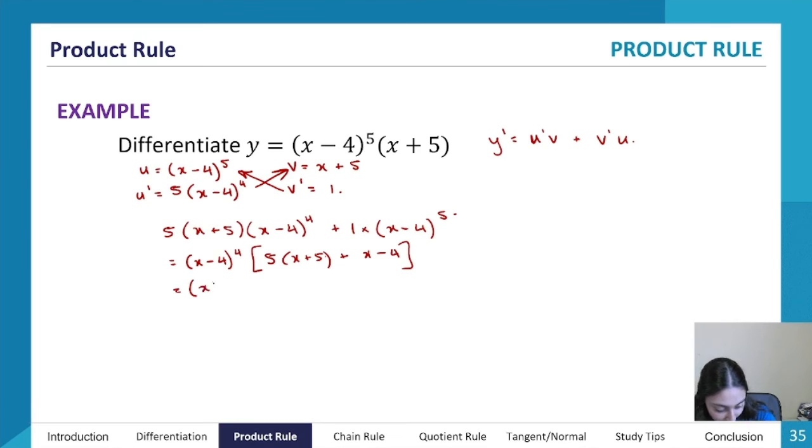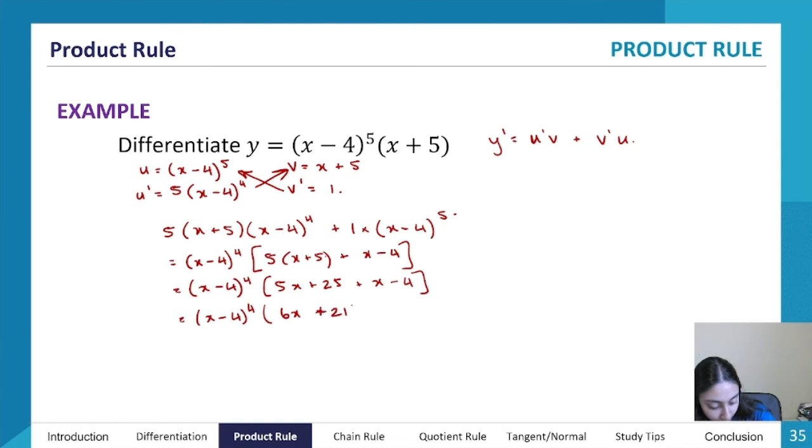So that leaves me with x minus 4 to the power of 4 times 5x plus 25 plus x minus 4, which leaves me with x minus 4 to the power of 4, 6x plus 21. Okay, and that's my final answer.